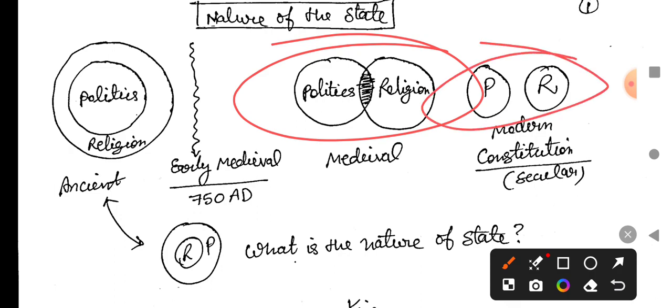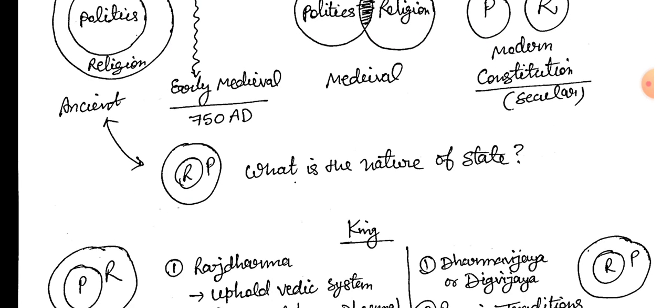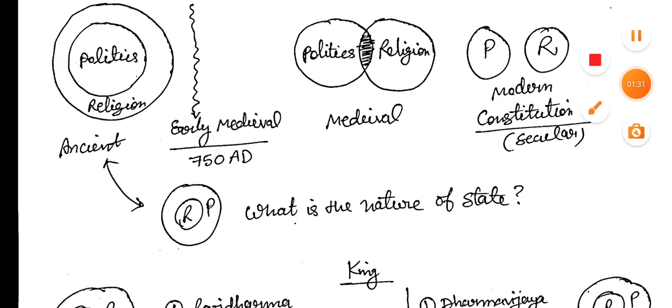In modern times, when the constitution was framed by the constitution makers, we gave ourselves a constitution to decide what the relationship between politics and religion will be. So it is a secular state.